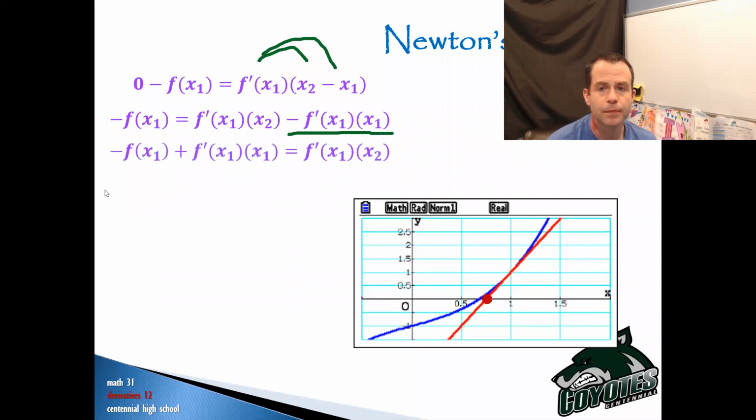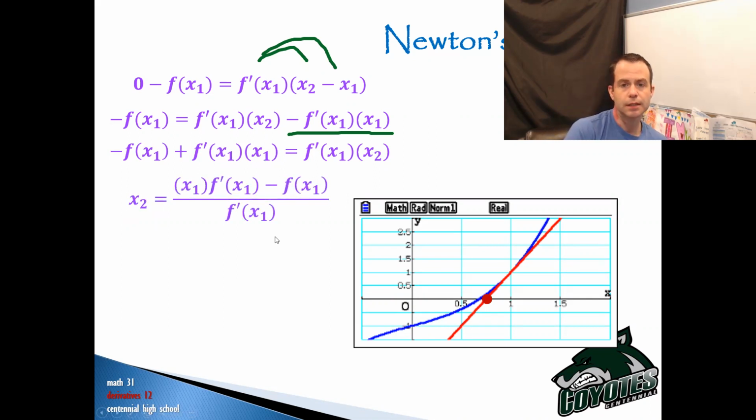And then I can divide everything by the derivative of x1 so that I can get x2 by itself. And so I've just divided both sides by the derivative of x1.